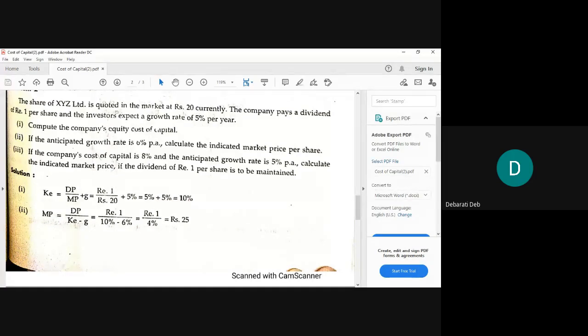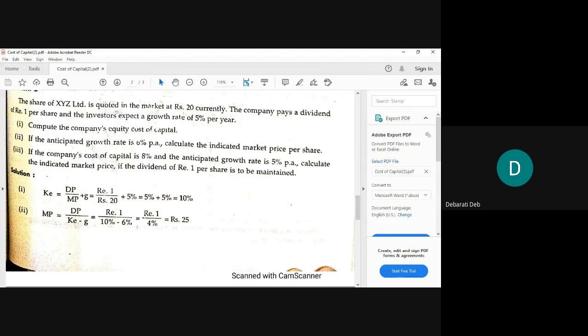Okay. Now you solve for MP. You know that dP is given as 1, dividend per share is 1, divided by KE, which is 10%, as you have seen in the first solution, minus G, that is 6%. Let us keep it in percentage now. Afterwards, you can change, or you can change now also, no problem. You can write 0.10 minus 0.06.